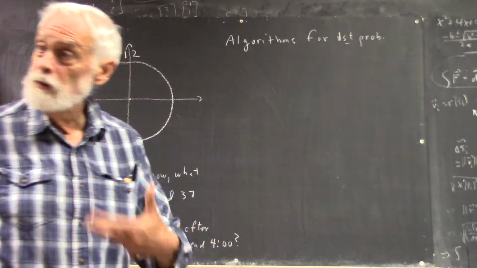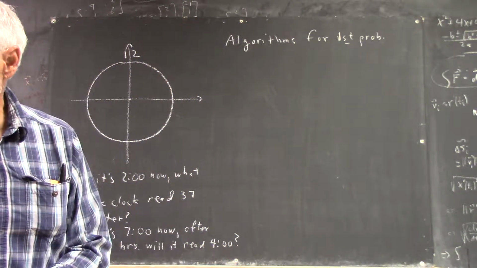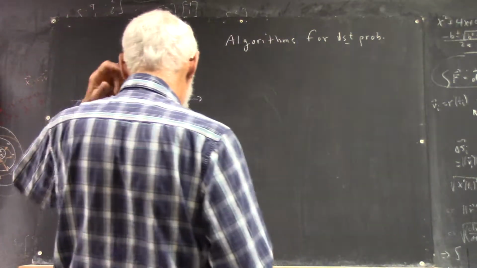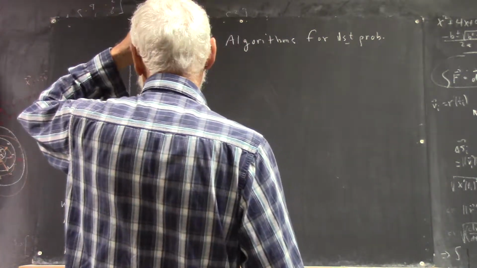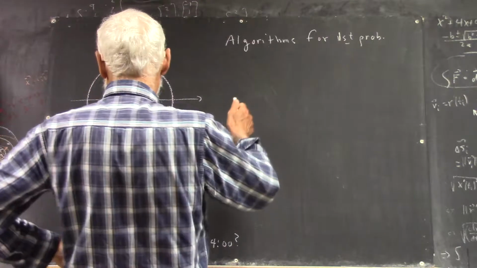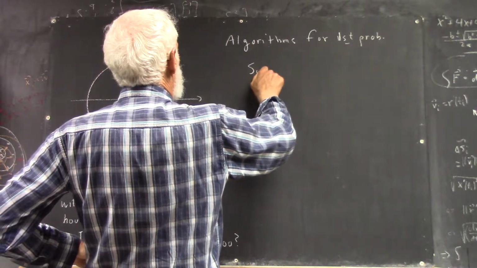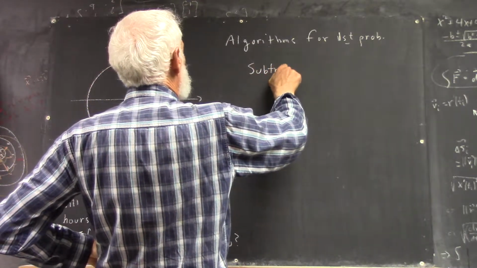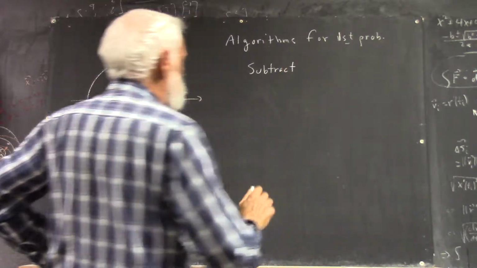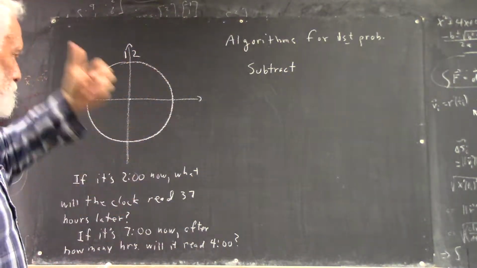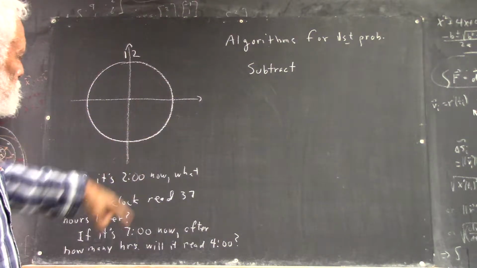Okay, I'm going to give you one. It's not the most efficient, okay? But here it is. I'm going to say this. I'm just going to do it in terms of this problem instead of general, because I don't want to get too abstract on you, but it's easy to adapt. Okay, we subtract.